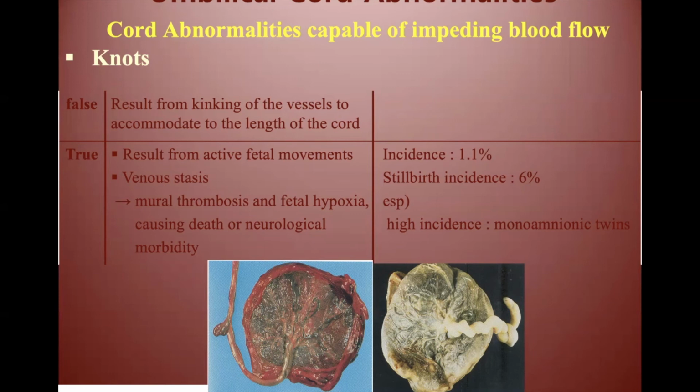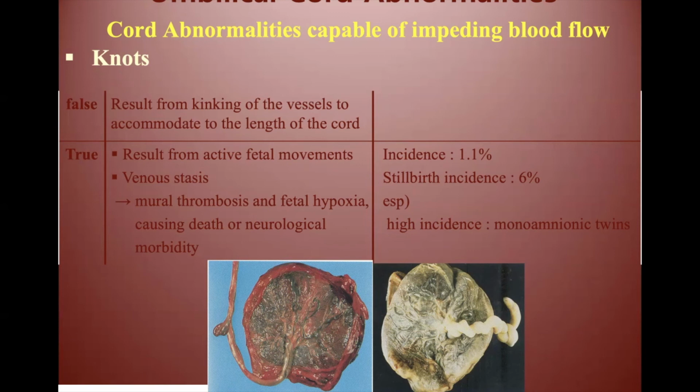But true knots are caused by fetal movement and are seen in approximately 1% of births. They are especially common and dangerous in monoamniotic twins. When true knots are associated with singleton fetuses, the stillbirth risk is increased 4 to 10-fold.